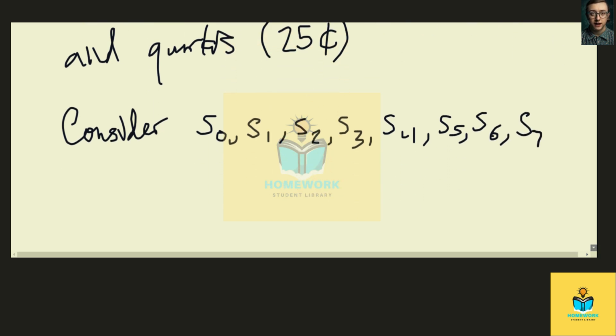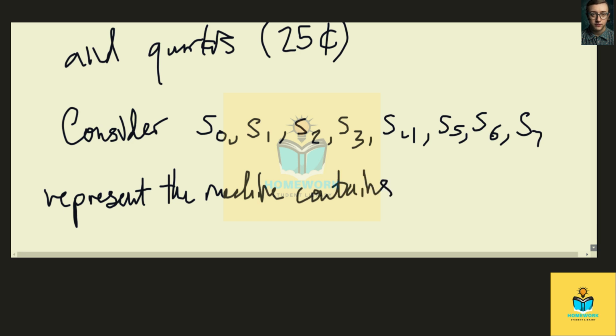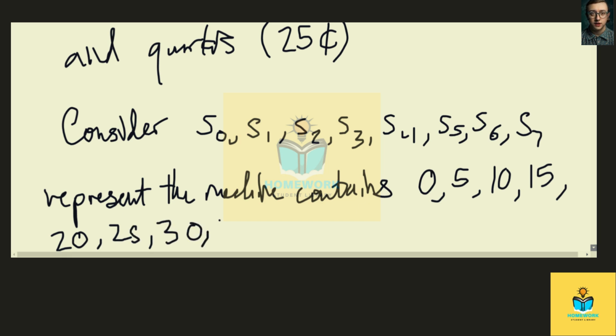These different states are going to represent the machine containing 0, 5, 10, 15, 20, 25, 30, and 35 cents respectively. Because recall, we can't go above 35 cents in the machine, otherwise we'd receive change.